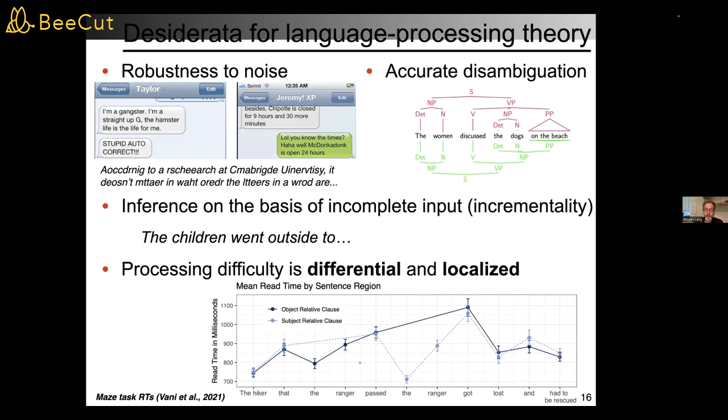And you can see that word by word differences in how long people take to successfully process these words in reading are different across words. So "the" is read faster than a word like "passed." But also the word "the" is read more slowly in one context than in another context. So that differentiality and localization is crucial for our theory of language processing.